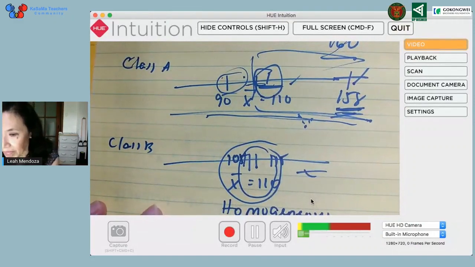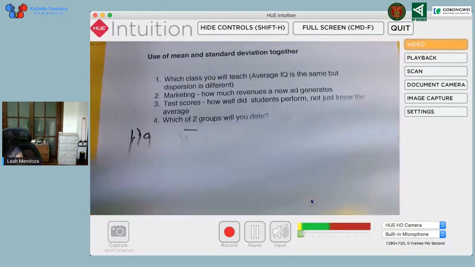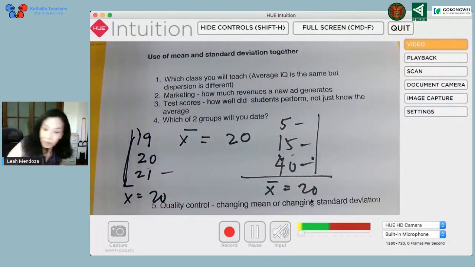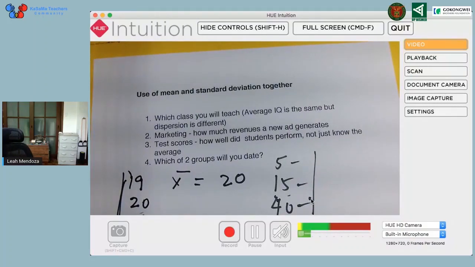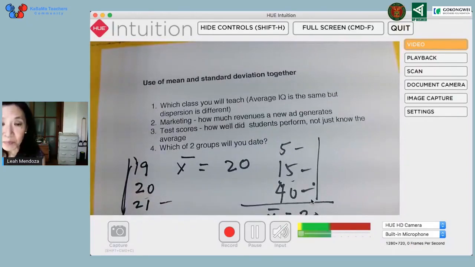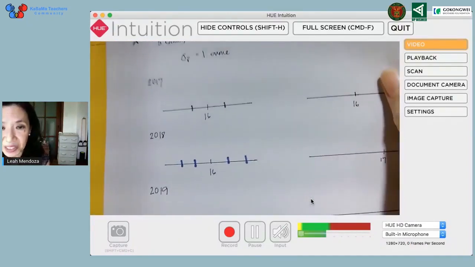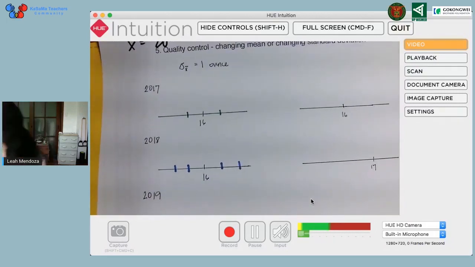Okay. Now, another reason why the two must come hand in hand, and I always teach this example in my operations management class. Let's say you own the company Fruit Loops.